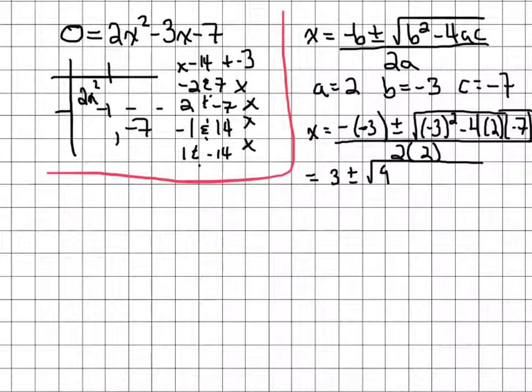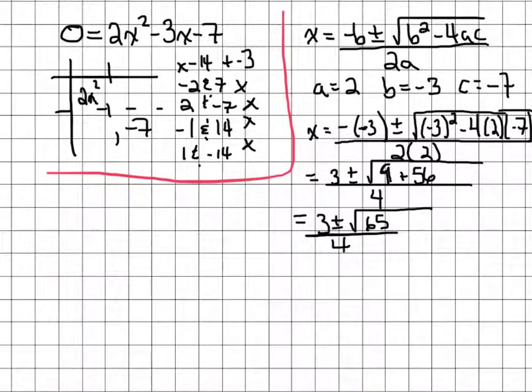Sorry, it's plus 56. All divided by 4. This is a 9. Alrighty. So then we have 3 plus or minus the square root of 9 plus 56 is 65 divided by 4.